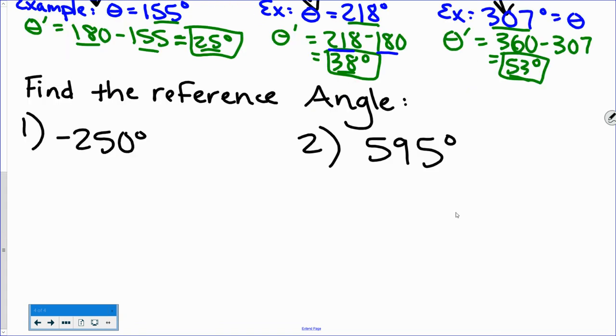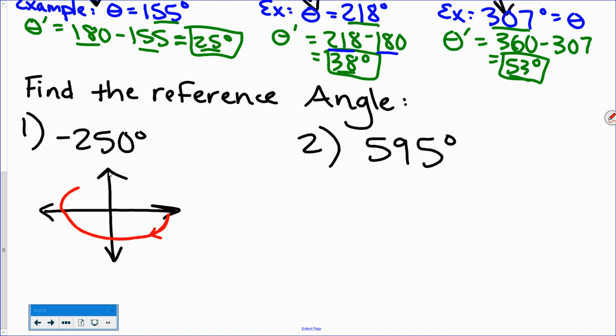I like to sketch where this is at, especially if it's ones that aren't as obvious. My first example is a negative angle, so it might not be obvious to me where that quadrant is. Remember, when your angle is negative, you start in this direction. So I would go around, that would be negative 180.